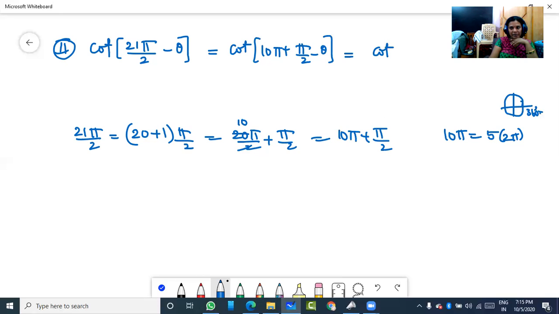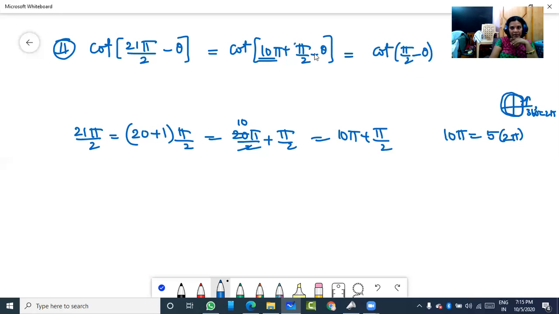So 5 rotations are completed and it will come to pi by 2 minus theta. When it is even, we take cot only. And it will be in the first quadrant, that is cot of pi by 2 minus theta.